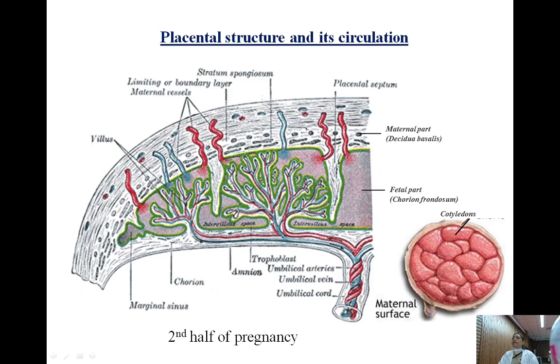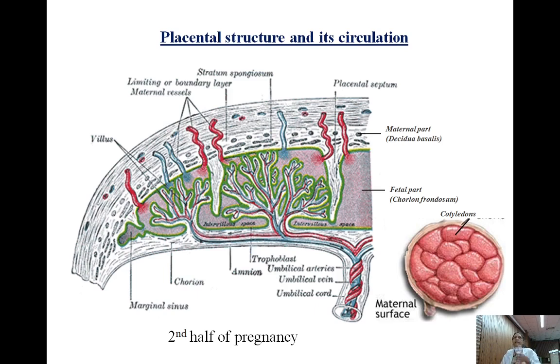The fetal artery carries the deoxygenated blood, because it reaches the placenta for oxygenation. So the fetal artery, like the pulmonary artery, carries deoxygenated blood, and the fetal vein carries oxygenated blood.